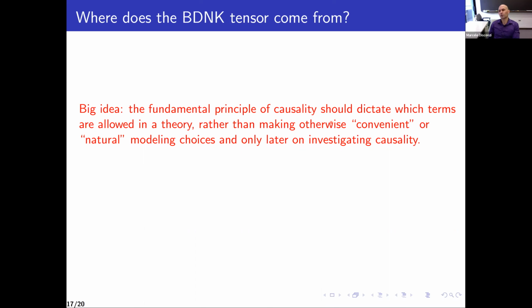One of the problems with Eckart and Landau-Lifshitz is that they make several quote-unquote natural modeling choices, which turn out not to be so natural, but they appear natural, and only later do they investigate causality. Here, what we're going to do is, from the very beginning, think that causality has to be present in each step of your modeling choices.